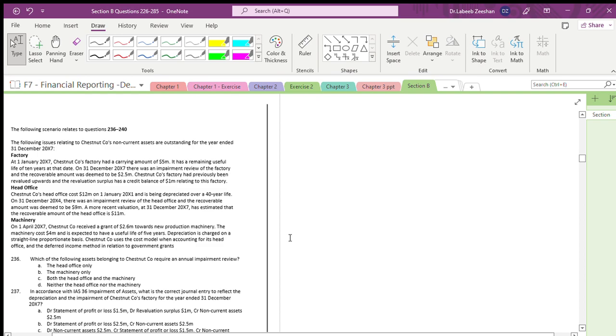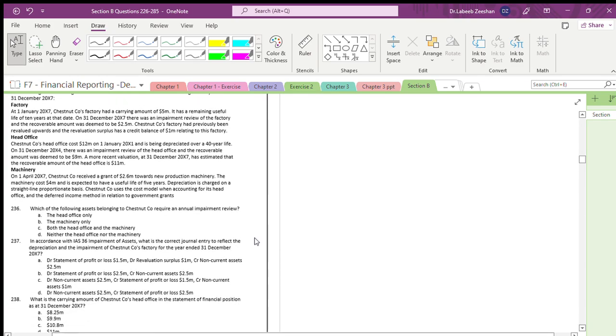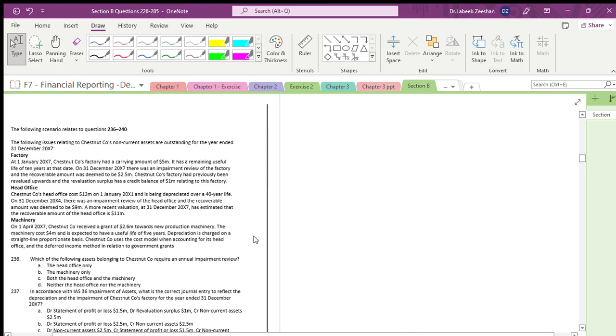What they have made is 3 different things. So three, first you go case by case. First, we have talked about the factory, and then you have to talk about the head office, then the machinery. Which of the following assets belonging to Chestnut require annual impairment review?